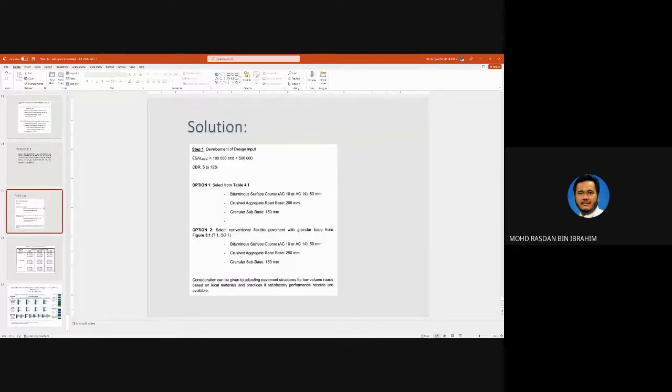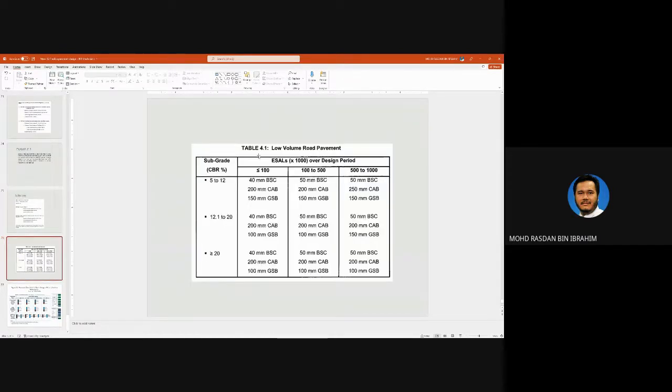So the calculation here, the ISAL is between 100 to 500,000 ISAL. CBR is not given in the question, but it's given in this tab here, 5 to 12. So only with these two pieces of information, you refer to this table, table 4.1. So this is the CBR value, this is the ISAL value, and this is the thickness of the different layers here.